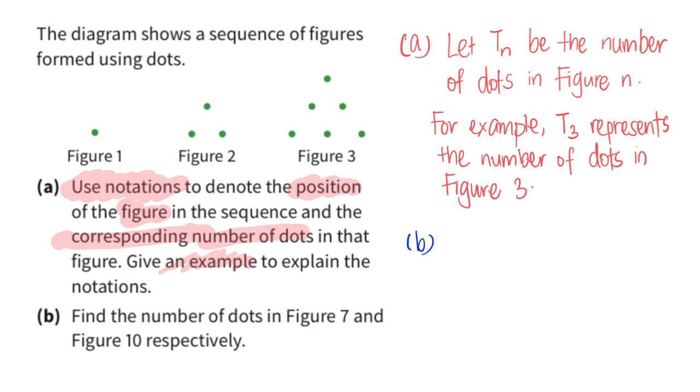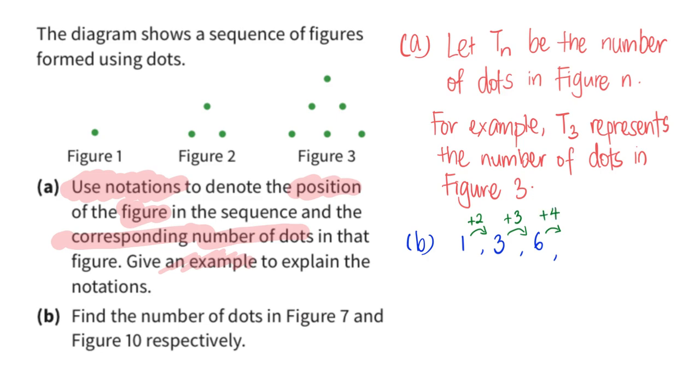For figure 1, we have 1. For figure 2, we have 3. For figure 3, we have 1, 2, 3, 4, 5, 6. I hope you can see the pattern. This is plus 2, plus 3. So what do you think is the next number?